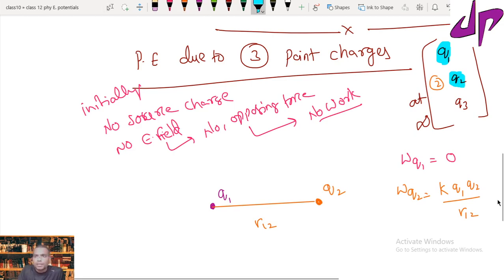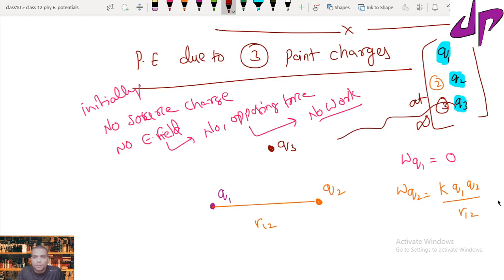Now I need to bring the third charge, q3. To bring charge q3 in this electric field, these two start to oppose because they are both positive charges. Let me take this as the location of q3, which I brought from infinity to here.